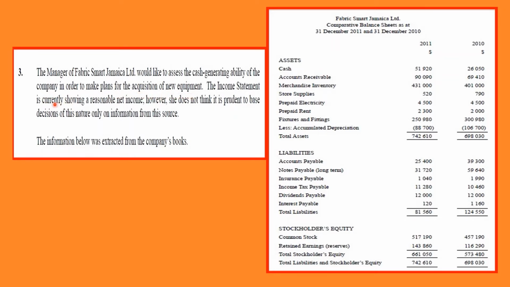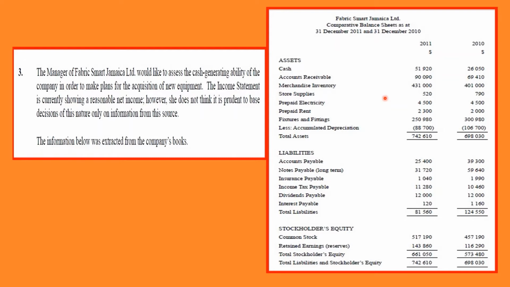The income statement is currently showing a reasonable net income. However, she does not think it is prudent to base decisions of this nature only on information from this source. The information below was extracted from the company's books, and we have here the balance sheet.